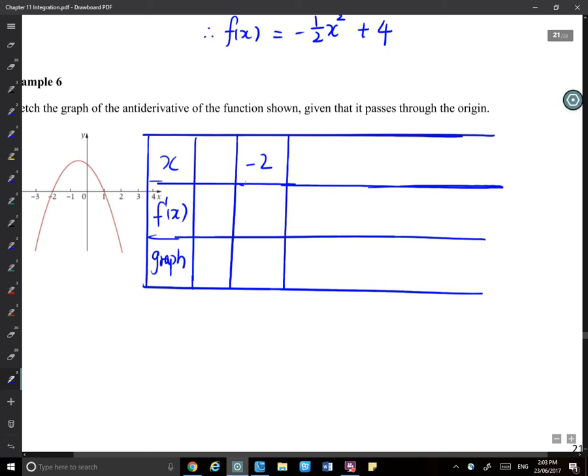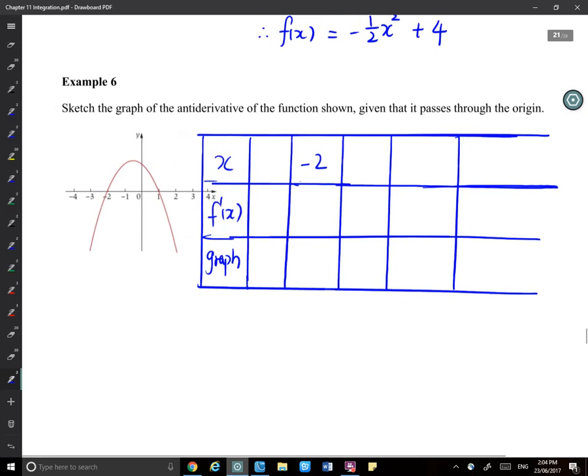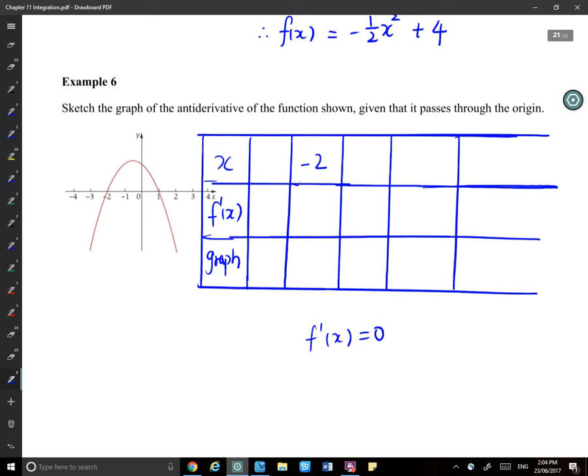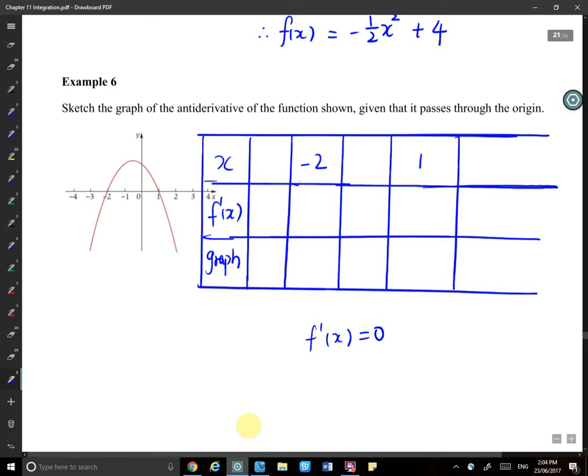The next one will still be empty, and the next one will be the next stationary point. What should I put in the box? Remember, I want f'(x) equal to 0. Which 2 points make f'(x) equal 0? -2 and 1. So this point will be 1, and I will have the last box empty. So at those 2 points, your derivative is 0.